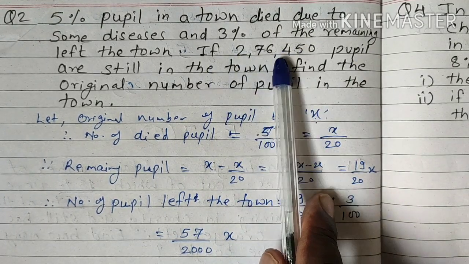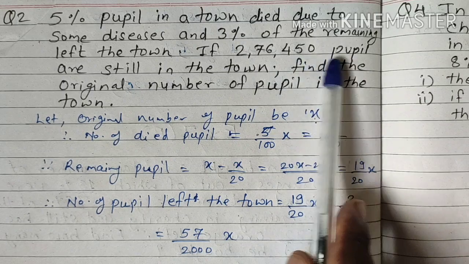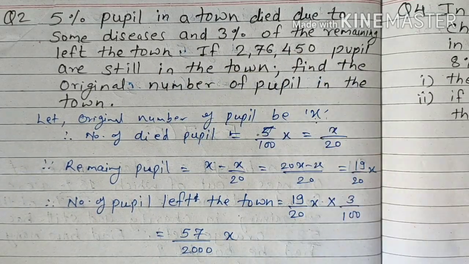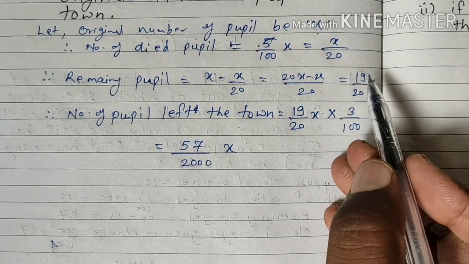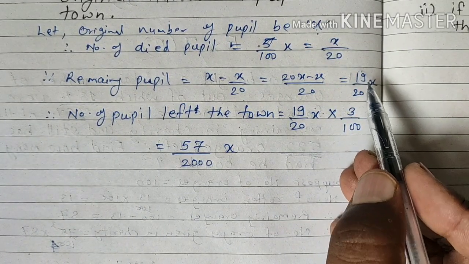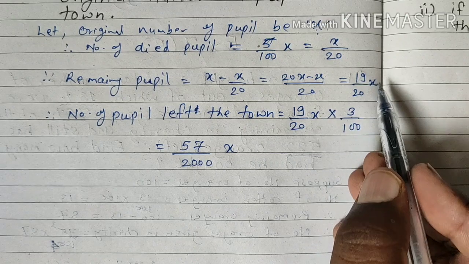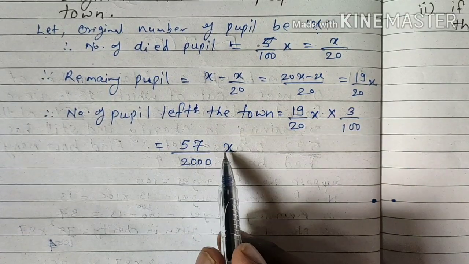If 2,76,450 people are still in the town. Now again, what can we say? Out of this 19 upon 20 X people, this much left the town.